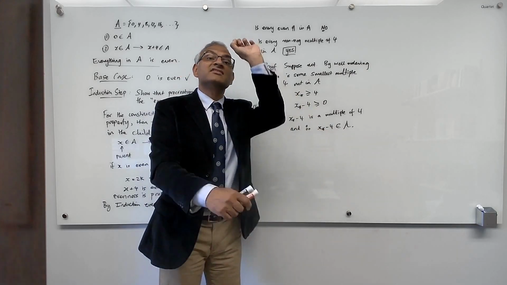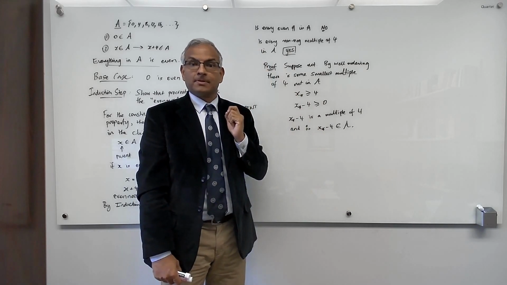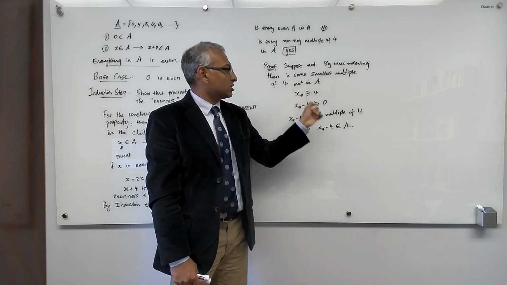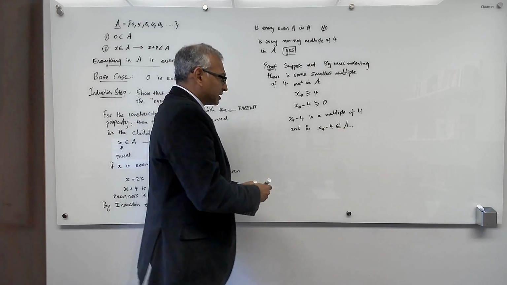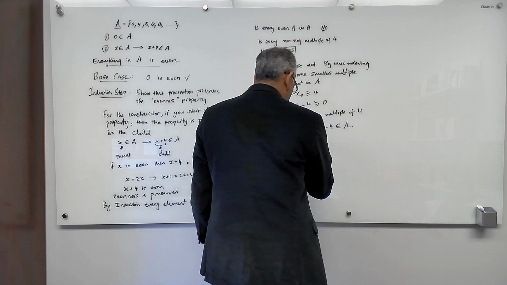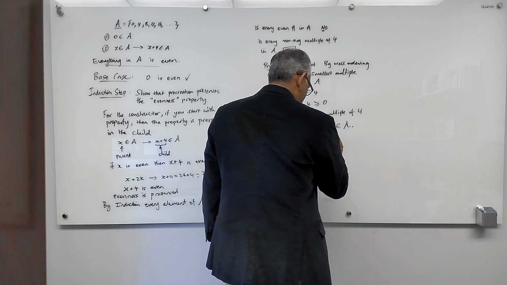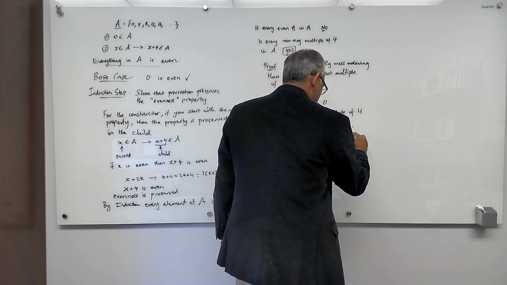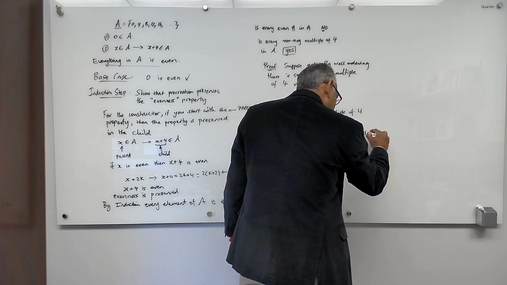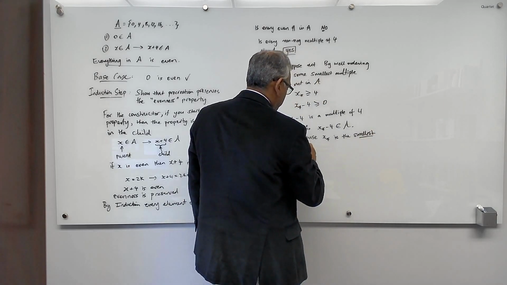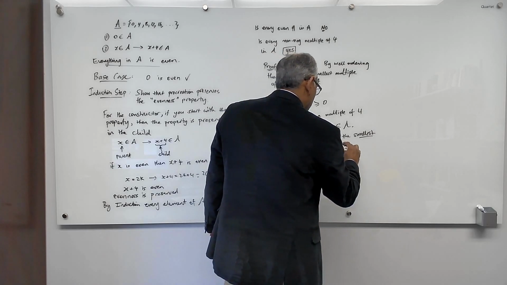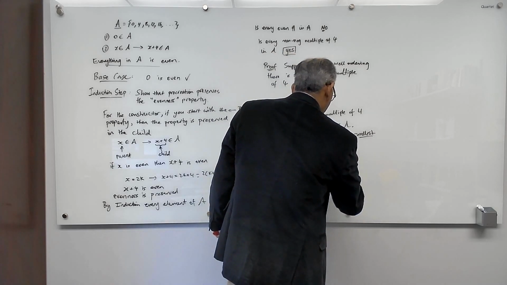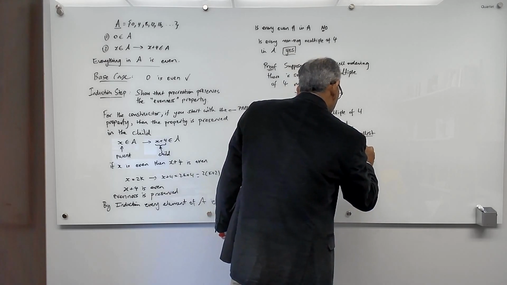Because x star is the smallest one that's not in A. By the well-ordering principle, x star is the smallest, and since this one is strictly smaller, it must be in A.